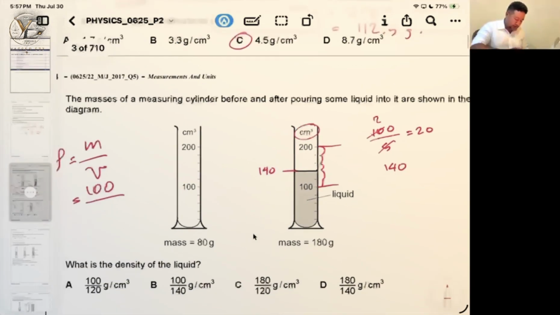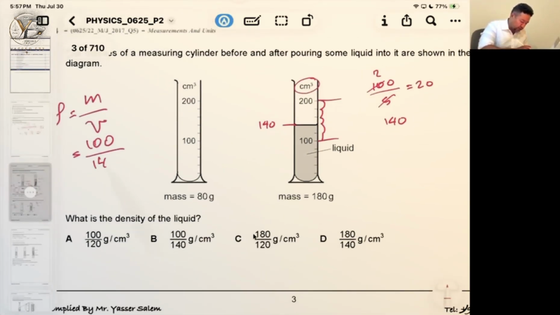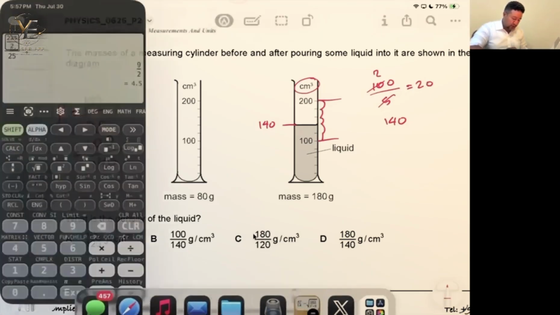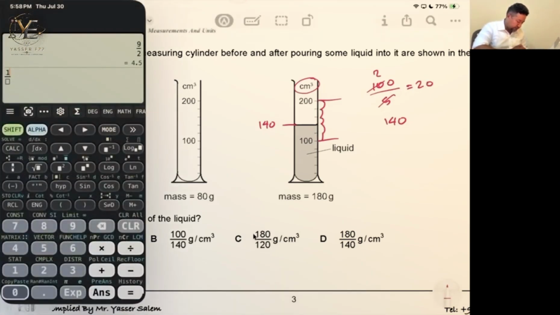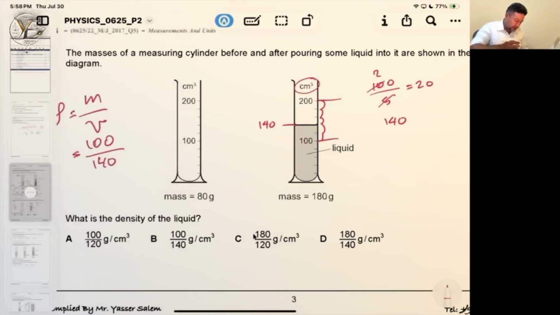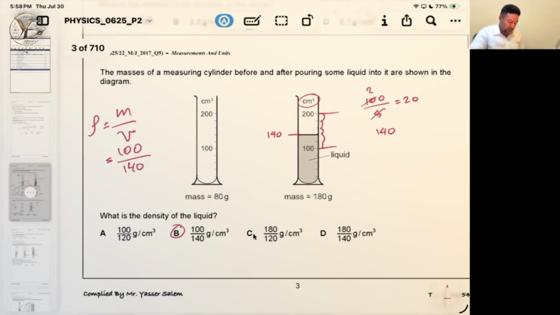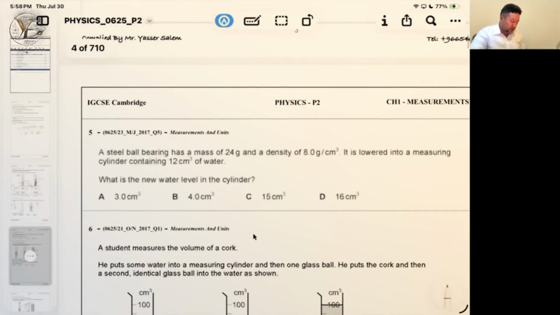Here is the unit. So 100 over 140, or we can leave it here, 100 over 140, with no need for finding the result. Let's move to another question.